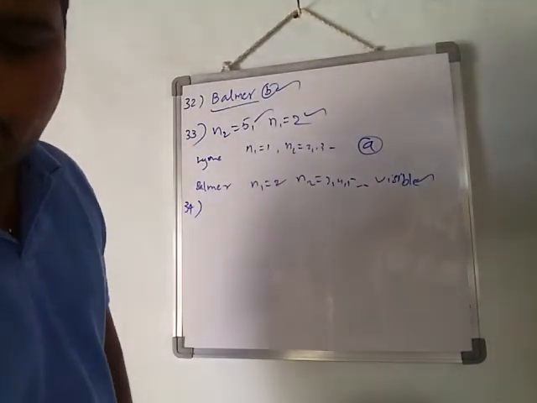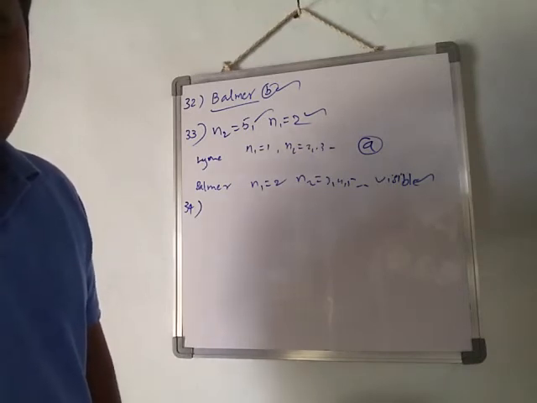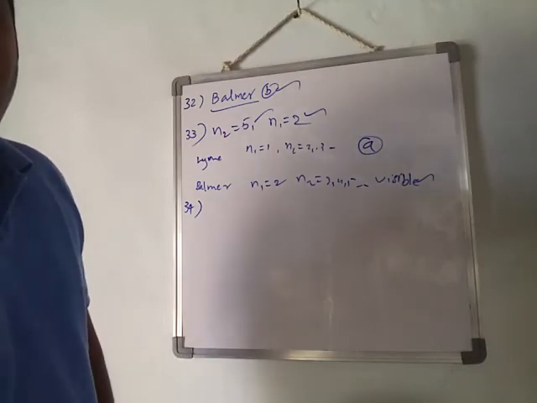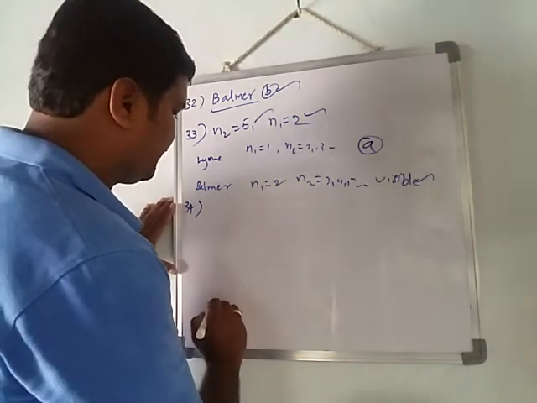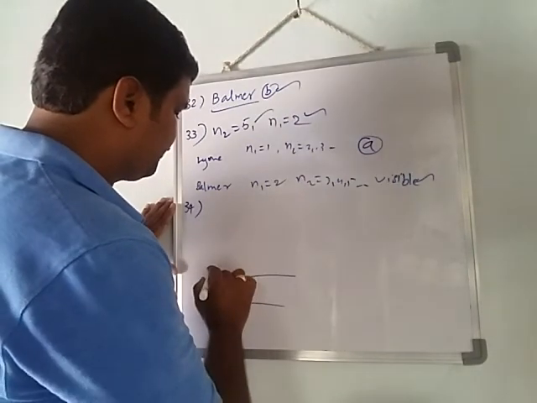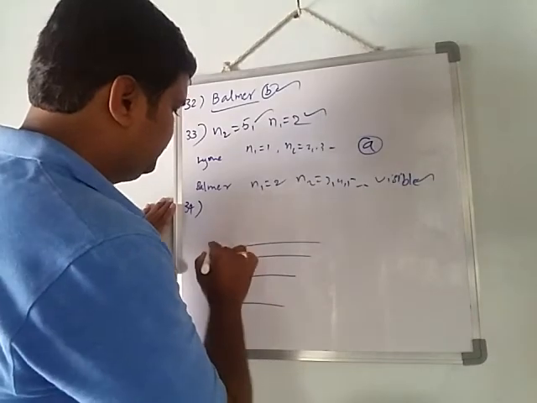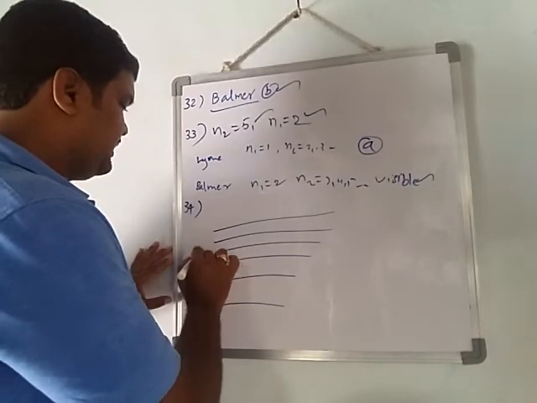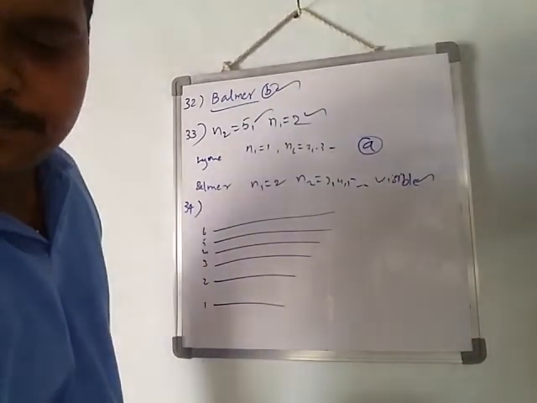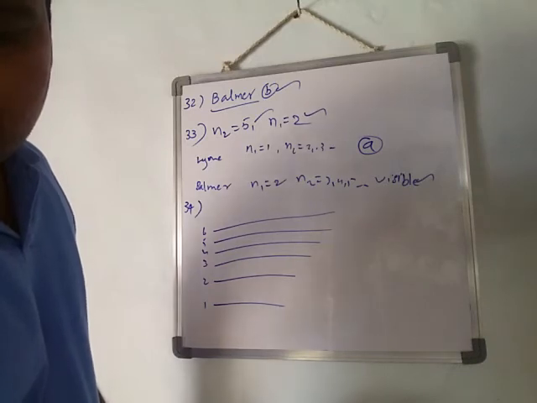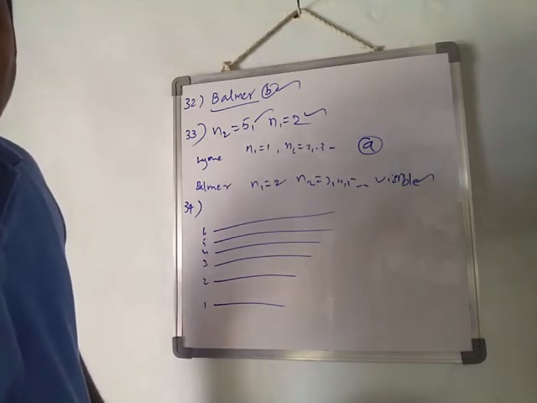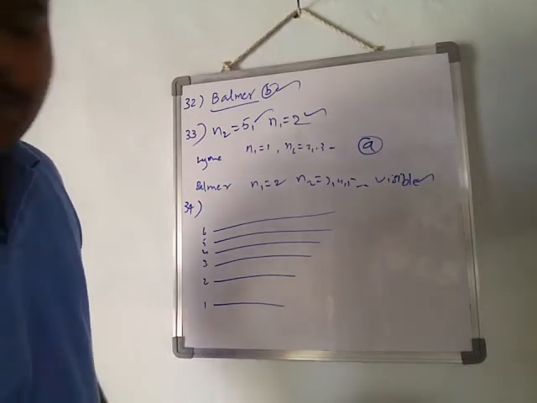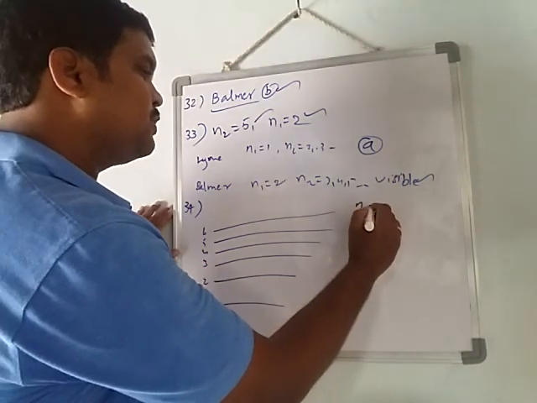Next question number 34. The third line of the Balmer series in the emission spectrum of the hydrogen atom is due to. So see that n is equal to 1, 2, 3, 4, 5, 6. Third line of the Balmer series means n1 is equal to 2.